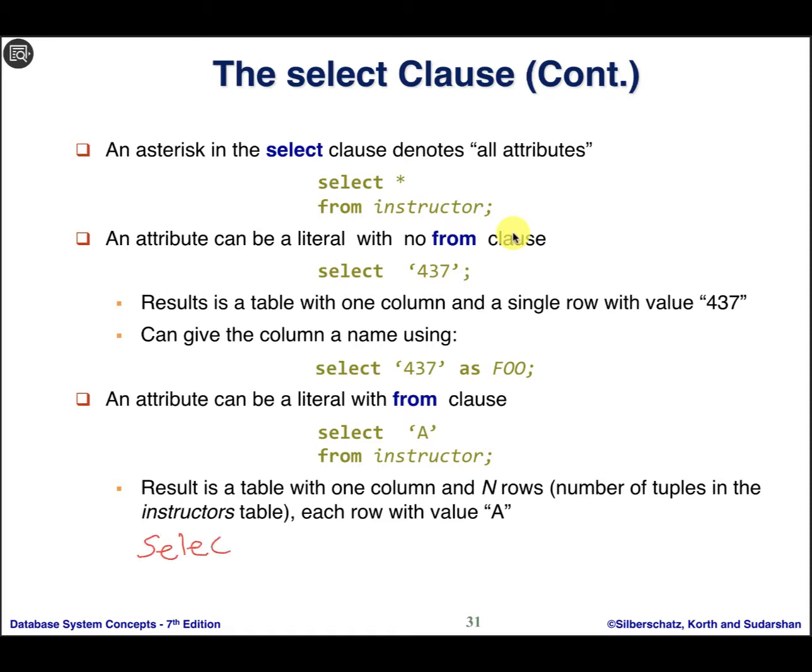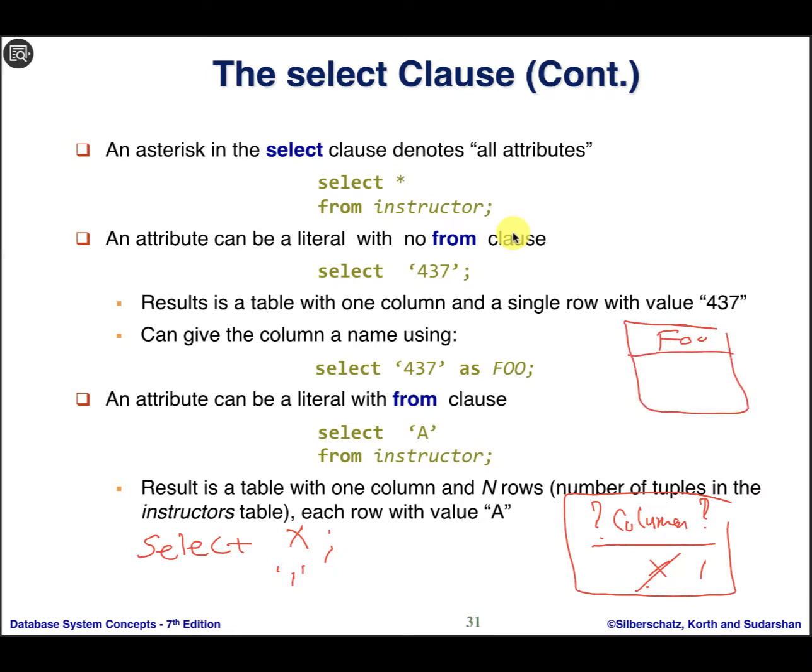I can say select, for example, X. The result is going to be a column, whatever its name, because I don't need the name; it has one tuple containing one value X. If I say select 1, the result is the same thing, but here it's going to be 1. If I say, for example, select 437 as foo, the result is going to have the column name foo, and we have only one tuple containing 437.